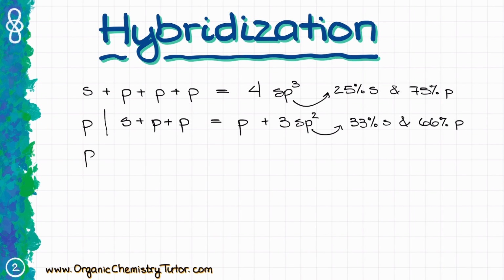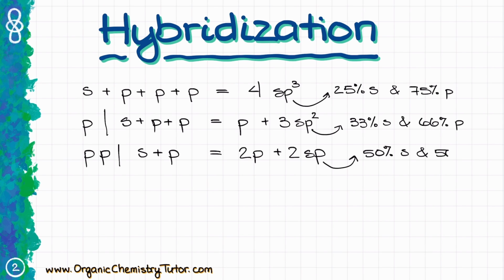Lastly, if I'm going to keep my 2p orbitals as is and only mix one s orbital and one p orbital, then what I'm going to get in this case is 2 p orbitals, and I will also have 2 sp orbitals, and each of those is now about 50% in the s character and about 50% in the p character as well. And exact percentages will depend on the exact molecules, so it's fine to average those out for our purposes.